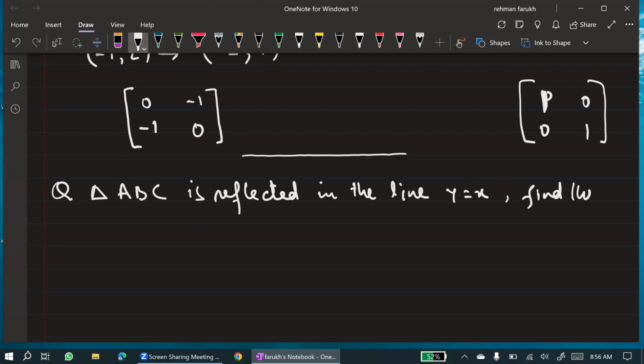Find the coordinates of the image triangle.